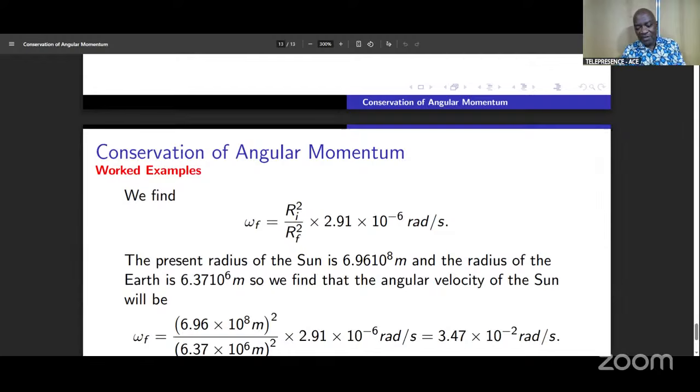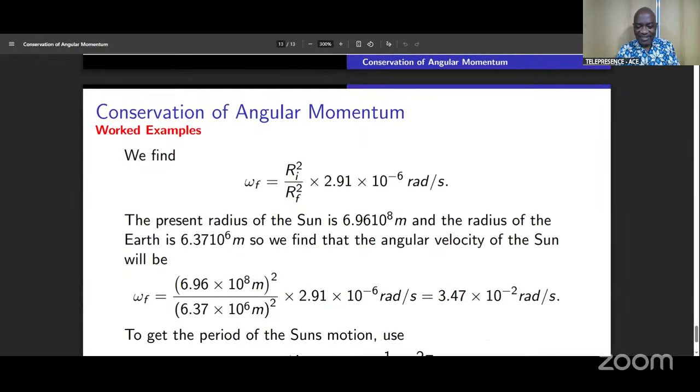According to the data that we know, the present radius of the sun is 6.96 times 10 raised to power 8. Please correct this, there is an error here, a small one.